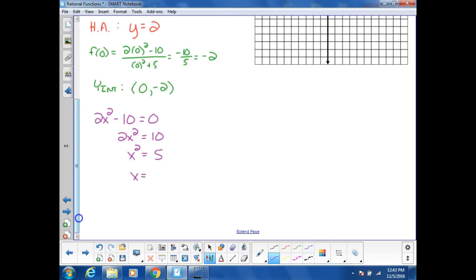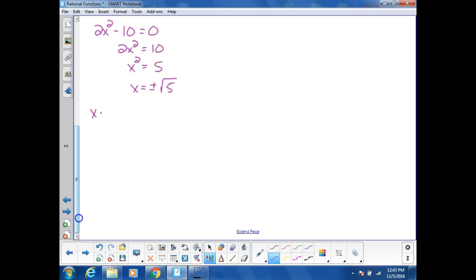So we get x equals plus or minus the square root of 5. Okay? So that gives me 2 x-intercepts. One at (square root of 5, 0), and the other at (negative square root of 5, 0).